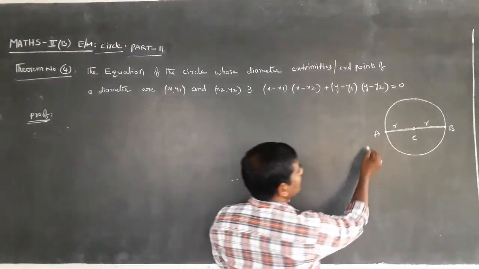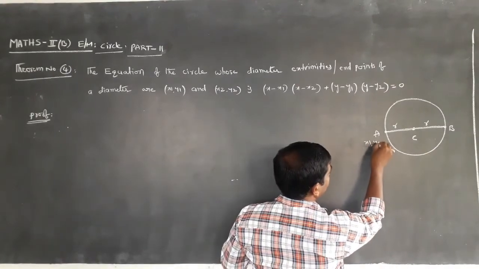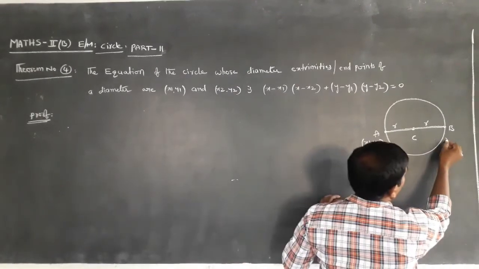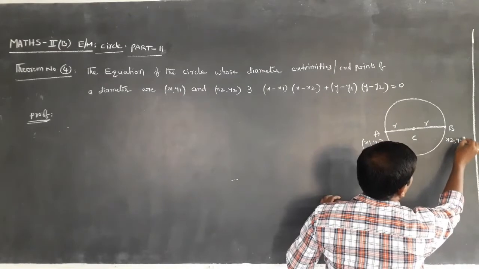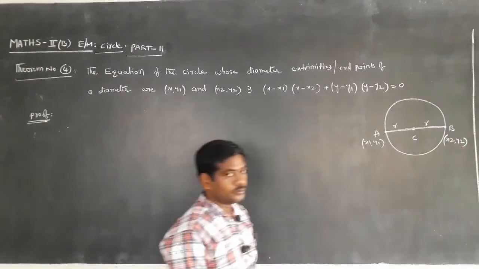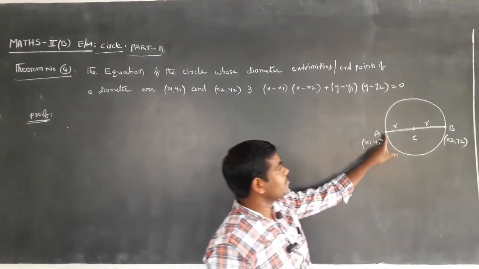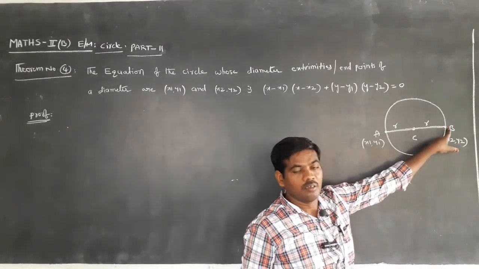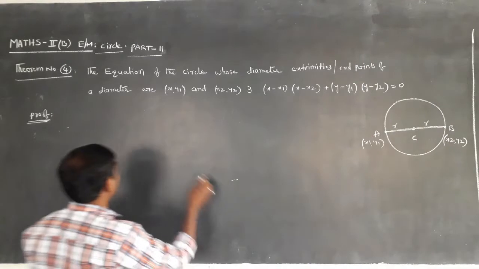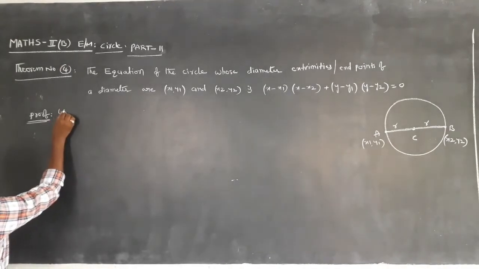Here given that A is the point (x1, y1) and B is the point (x2, y2). Find the equation of the circle whose extremities of a diameter, or endpoints of a diameter, are given.